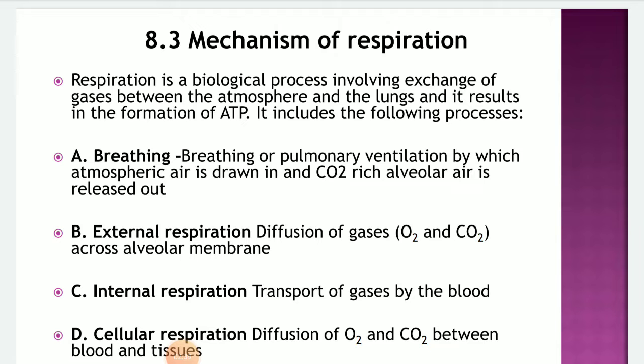So the flow is like this. In breathing, there is exchange of gases between atmosphere and the lungs. In external respiration, the exchange of gases between lungs and the blood. Internal respiration, transport of gases. And cellular respiration, exchange of gases between blood and tissue.